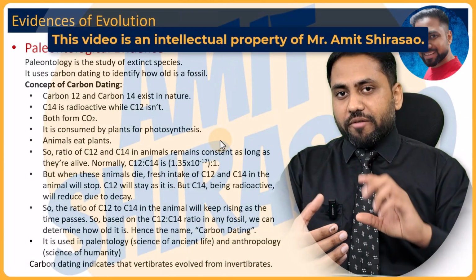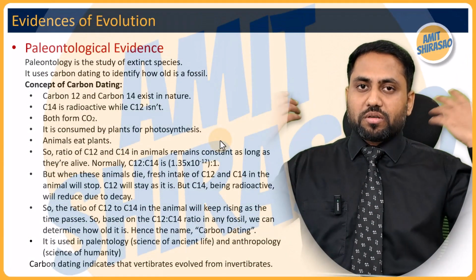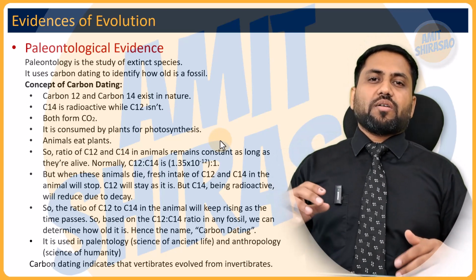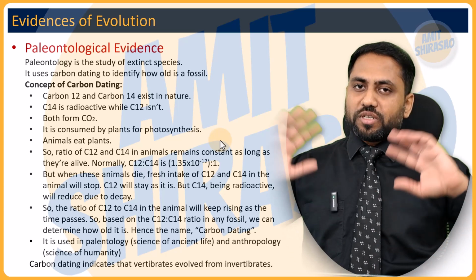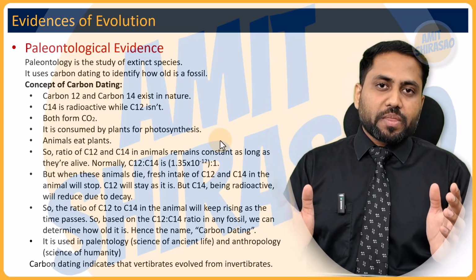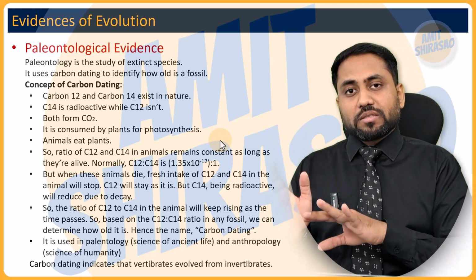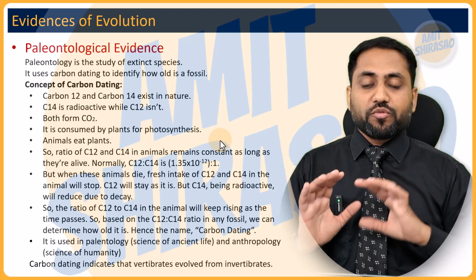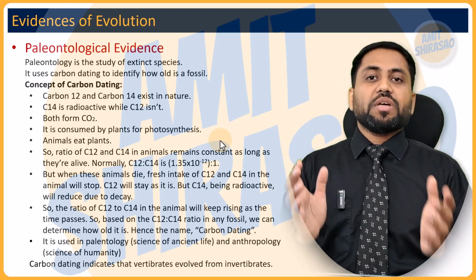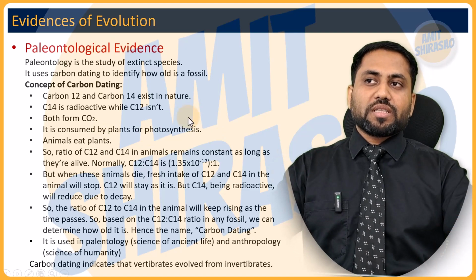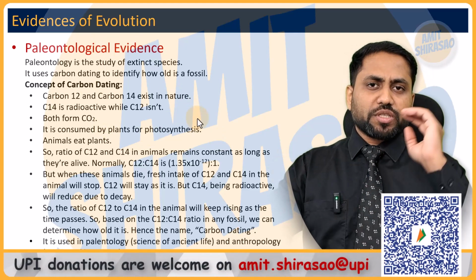Having a vertebra, that is, not a spinal column per se, but this bone structure on the dorsal side of the body, is called a vertebra. So having a vertebra is an evolution. Why? Because older ones did not have vertebrae, and the newer ones have vertebrae. That means vertebrates must have evolved from invertebrates. Okay, so paleontology also gives us evidence of evolution. It tells us that evolution is true.